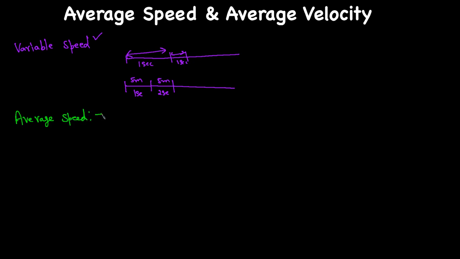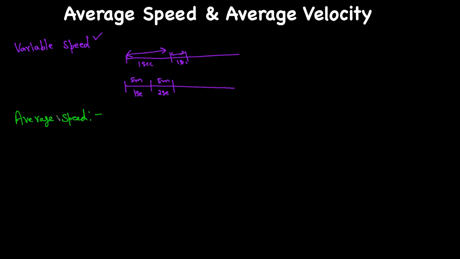All right, so average speed is used when a body moves with variable speed. It's changing, either in unequal intervals or unequal amounts of time. Whenever a body moves with a variable speed, the average speed of the body needs to be calculated.